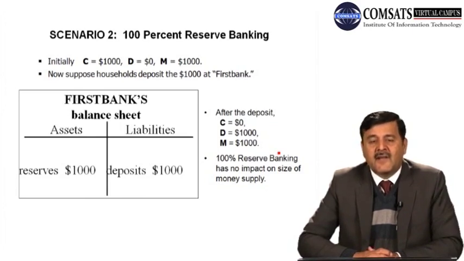As we said, initially C is equal to 1000 US dollars and D is $0, of course. In that case money supply is 1000 US dollars when there is no bank in the economy. Now suppose a household deposits $100 at the first bank.